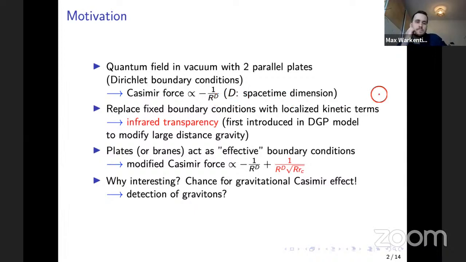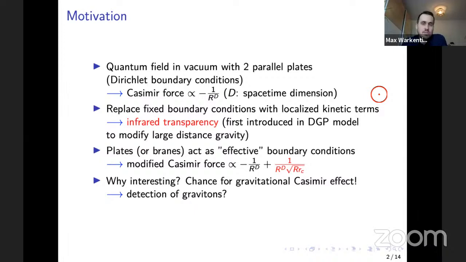Now in my work I wanted to answer the following question: what if the quantum field does not obey those fixed boundary conditions, but instead has localized kinetic terms on the plates? Intuitively, one would then assume that high frequency modes are suppressed on those plates, and the low frequency modes are unaffected by that.